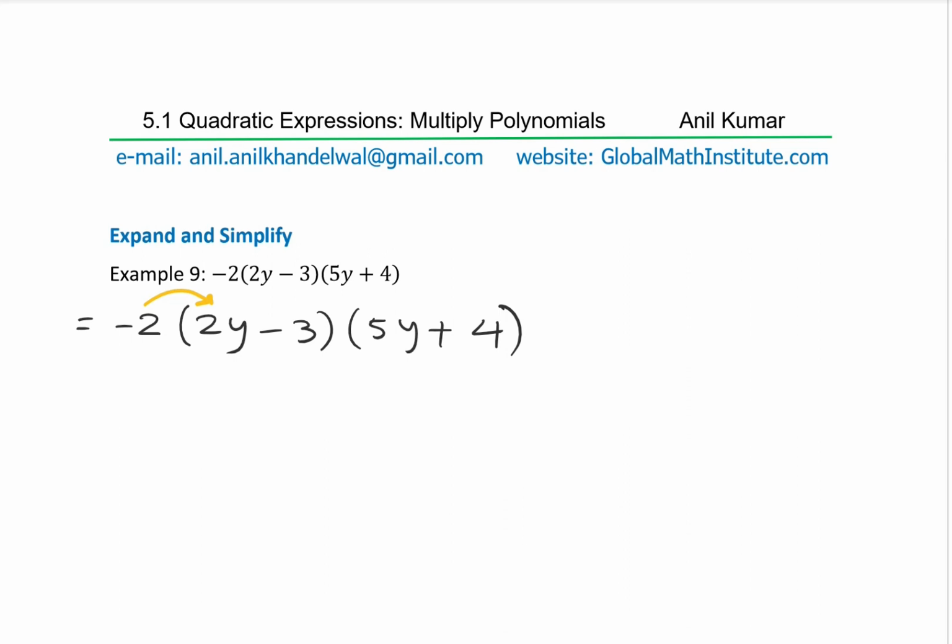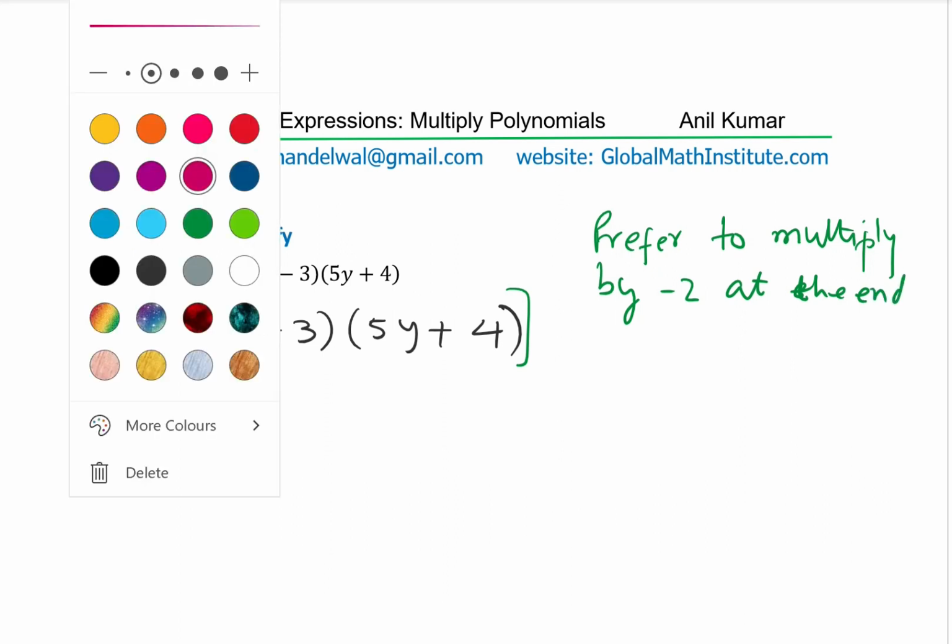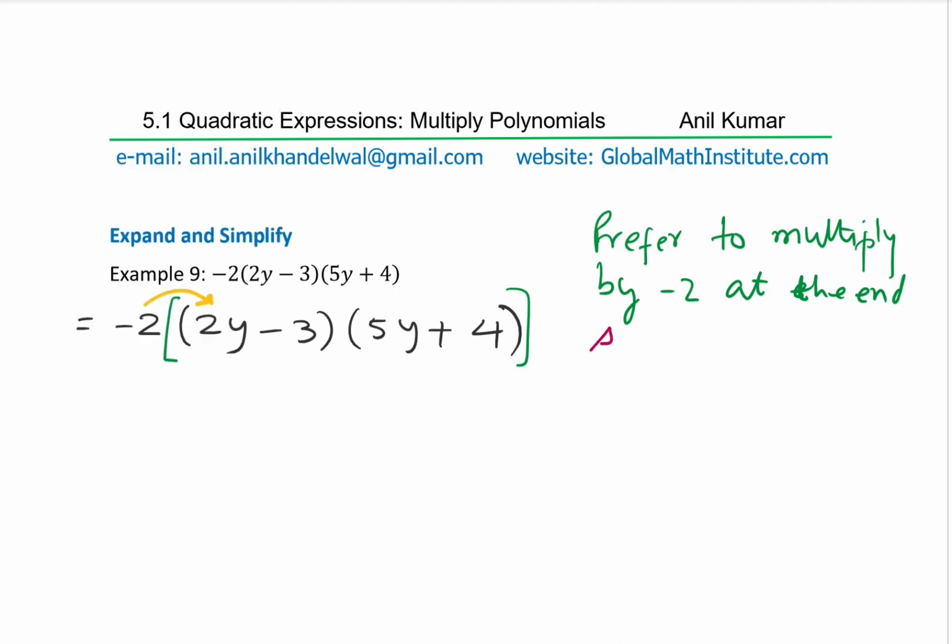So I will prefer to actually multiply the terms first and then later by minus 2. So we'll prefer to multiply by minus 2 at the end. Reason is that we'll be working with smaller numbers, right? So the reason is to work with smaller numbers.